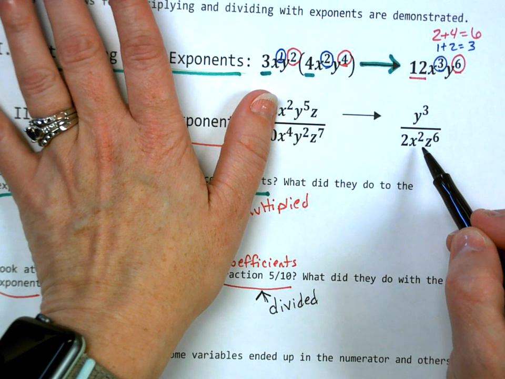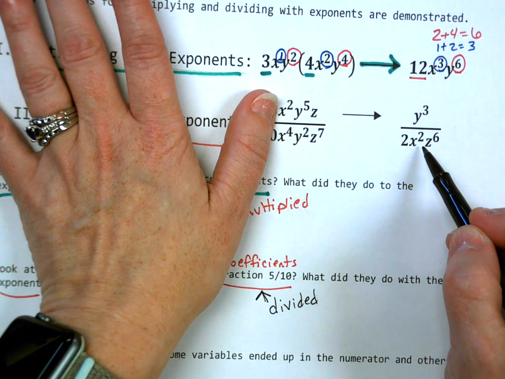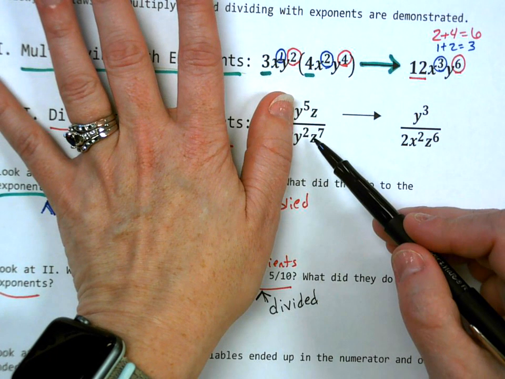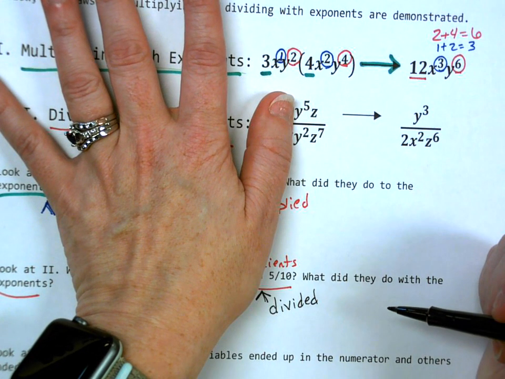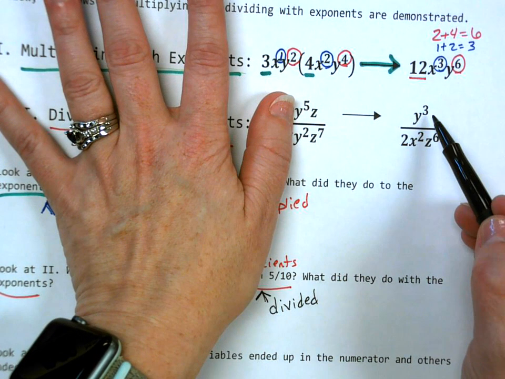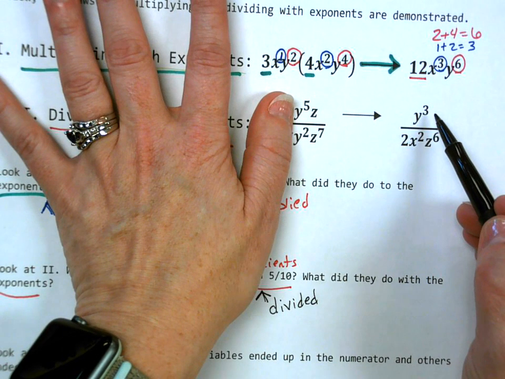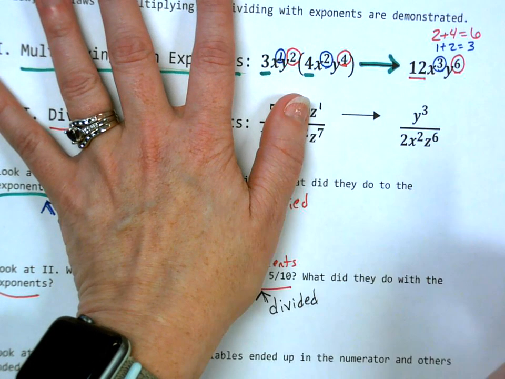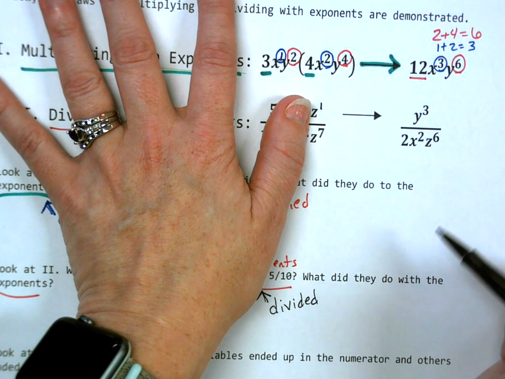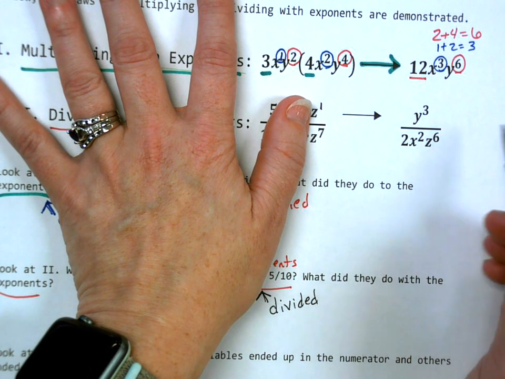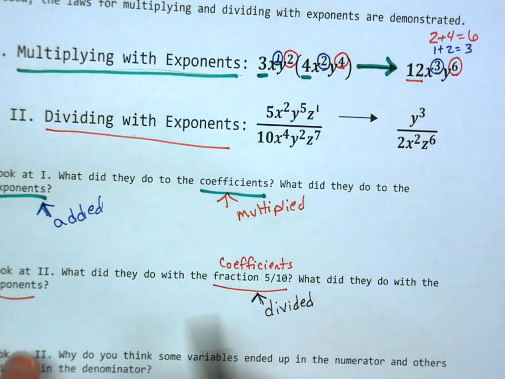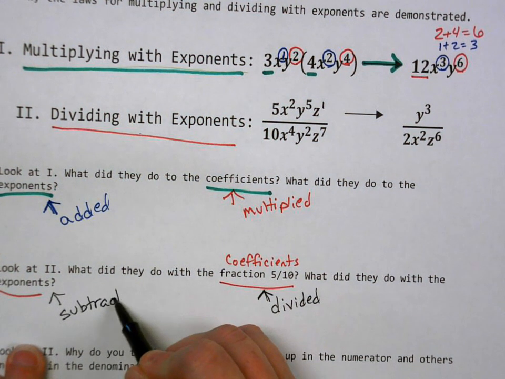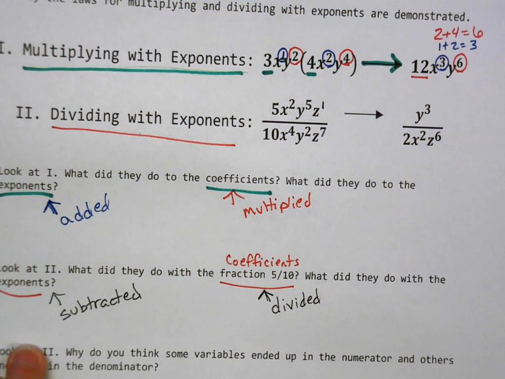So what happened? It's subtracted. Okay. What about over here? 5 and 2 for the y's? They subtracted as well. Became 3. And then what did we have on the z here? A 1 and 1 and 7. So our exponents were subtracted when we were dividing.